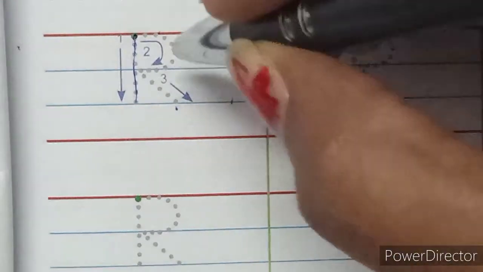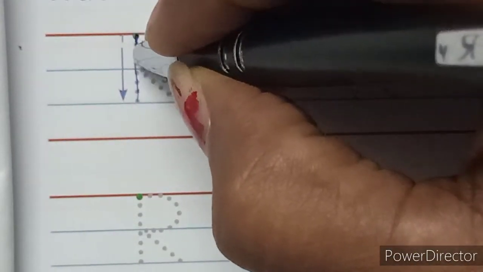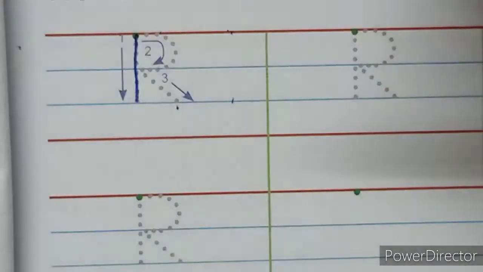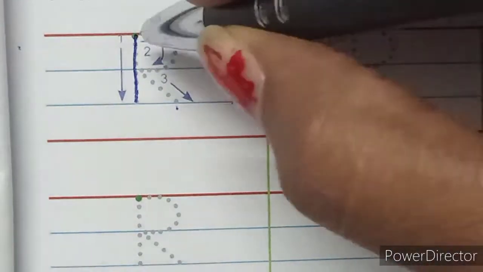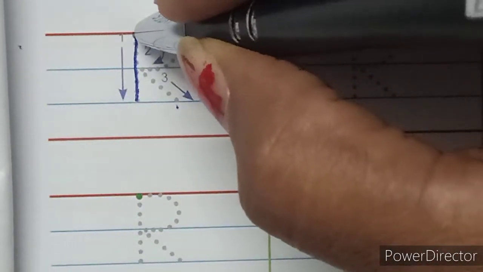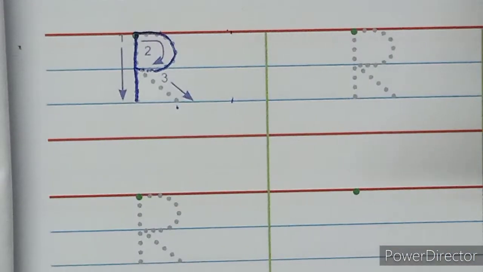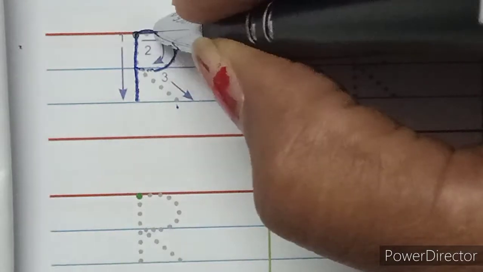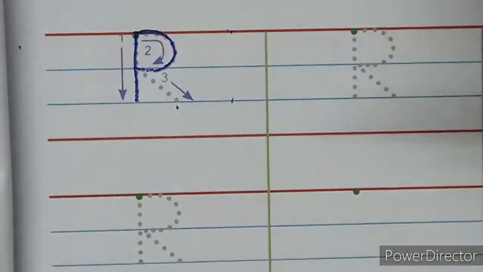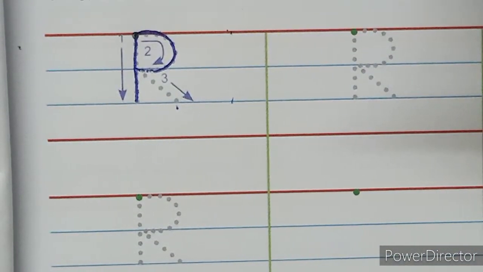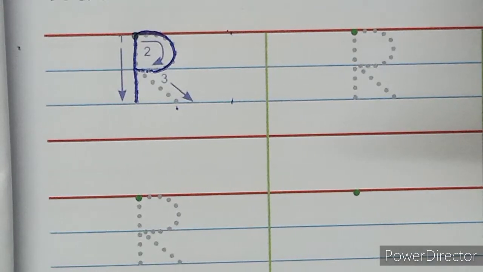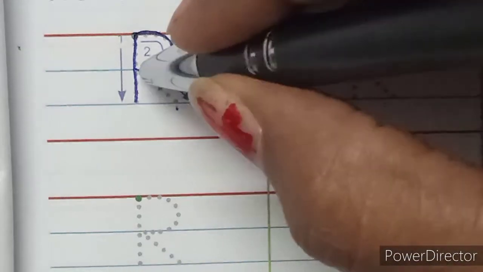Standing line. So this is how we are going to make a standing line, right? Then again from the green dot we are going to make a curve. We are going to make a curve. ये क्या हो गया? कौन सा लेटर हो गया? P. फिर हमें R लेटर लिखना है तो क्या करना होगा?